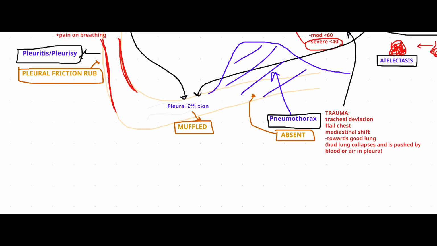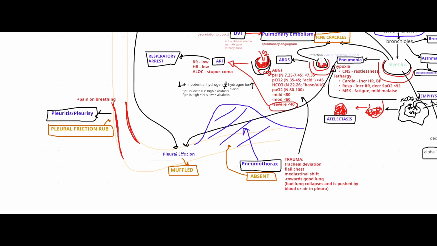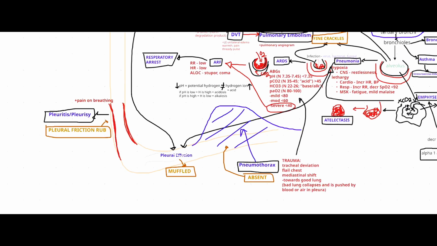Okay, now just because you're saying muffled, it doesn't really describe the lung sound, right? Because if there's another pathology inside the lung, you could have rales that are muffled. You understand? The rales could be muffled because they're still abnormal inside, but you're not hearing them as well because of the pleural effusion as well.